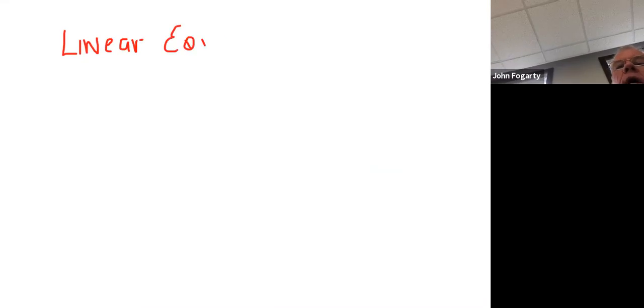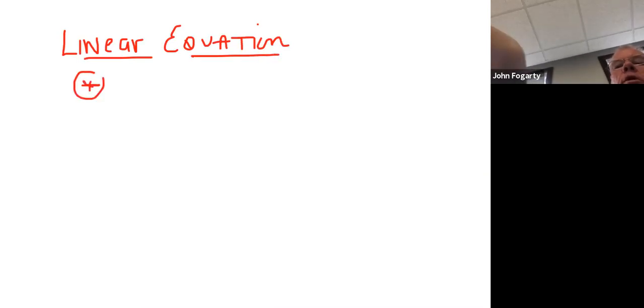Now the next 4 questions simply say write the equation of a line that satisfies the following. Anytime you have to write the equation of a line, you need 2 things. You need the slope and you need the y-intercept.